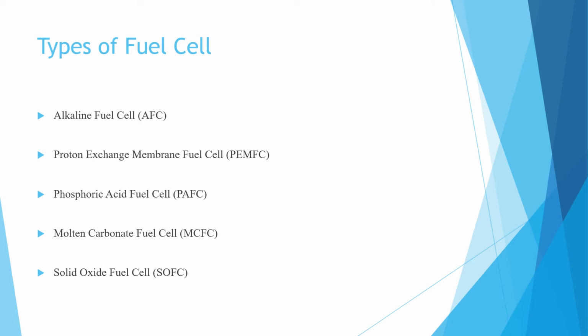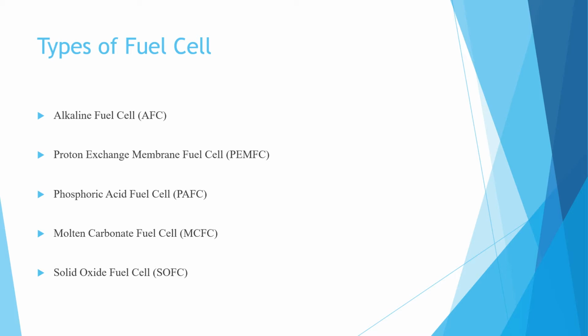So students, there are five types of fuel cell. One is the alkaline fuel cell or AFC. Number 2 is the proton exchange membrane fuel cell or PEMFC. Number 3 is the phosphoric acid fuel cell or PAFC.